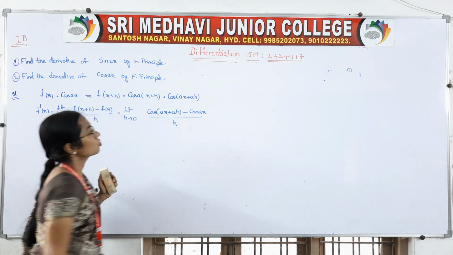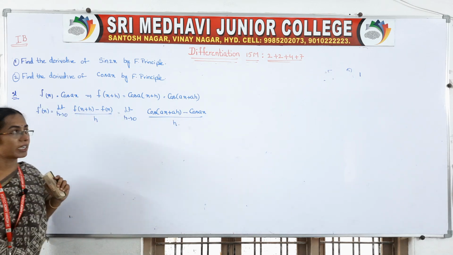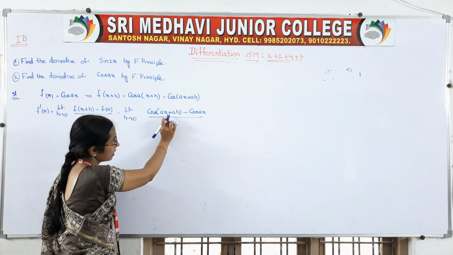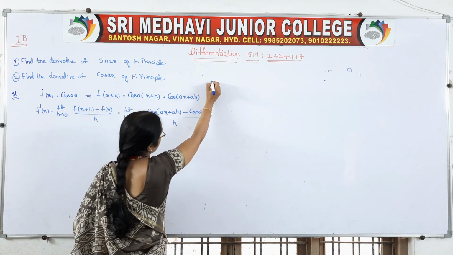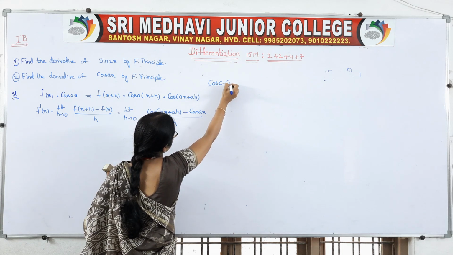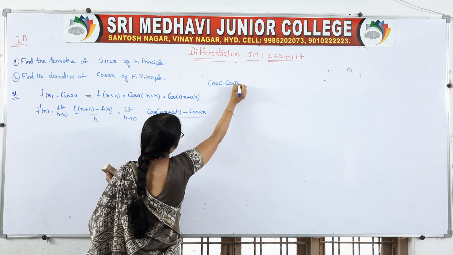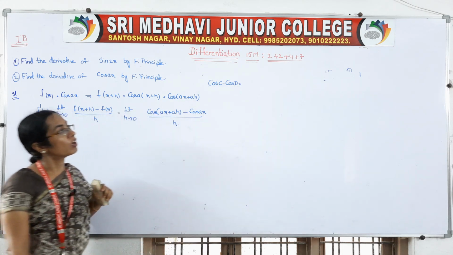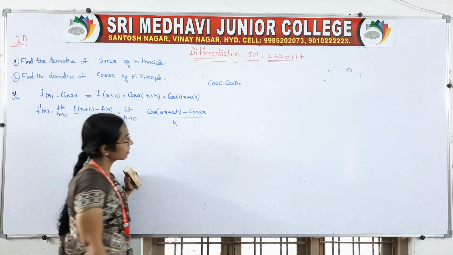So again go to trigonometry, is any formula there? You consider this as c, this as d. So it is cos c minus cos d in trigonometry. Any formula for cos c minus cos d?